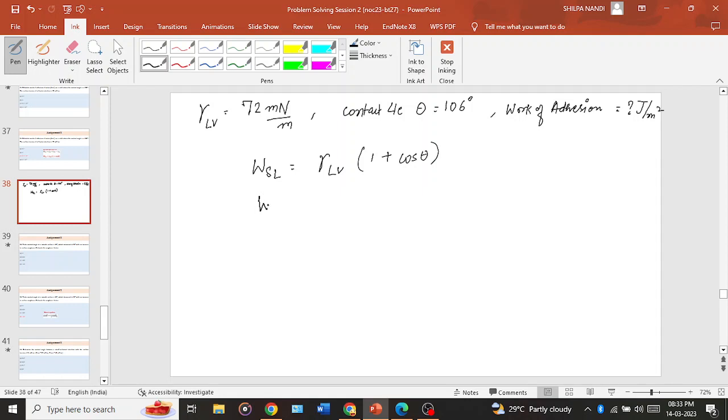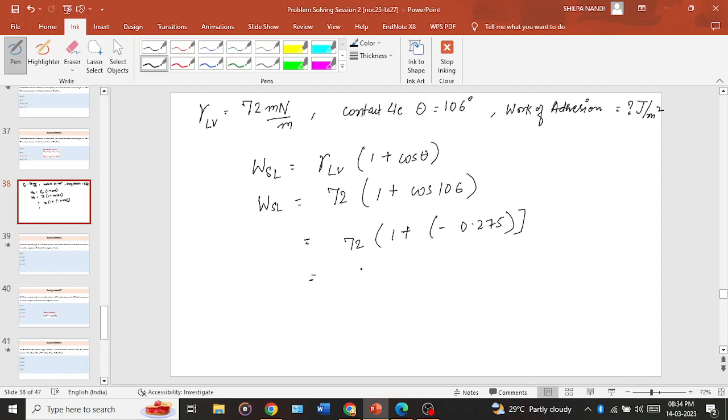So what will be the WSL if I put the values here? 72 times (1 plus cos 106). What is the value of cos 106? It will come to around minus 0.275.